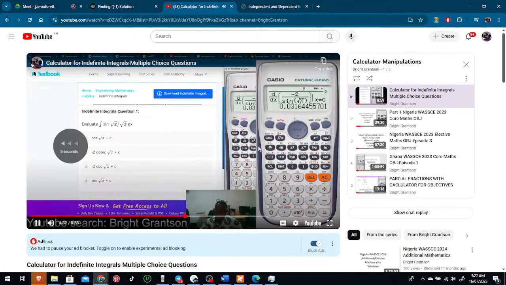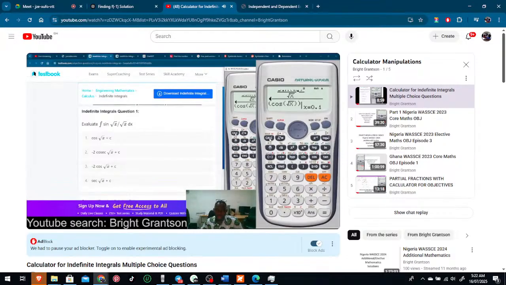You come to the CALC and punch 0.1. This 0.1 is substituted into the numerator.